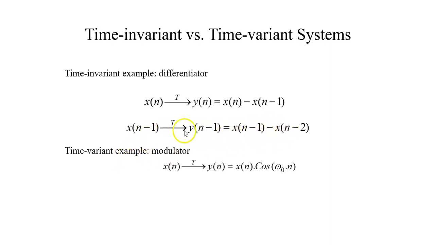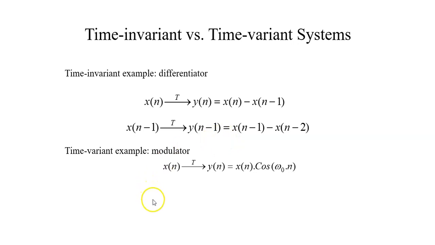And this is an example of a time invariant system. See, I have a shift here, I have a shift here. So x of n minus 1 gives y of n minus 1, and this is n minus 1 minus 1, minus 2. If the input is shifted by 1, see, so y of n will be shifted also by 1, which means it is a time invariant example.